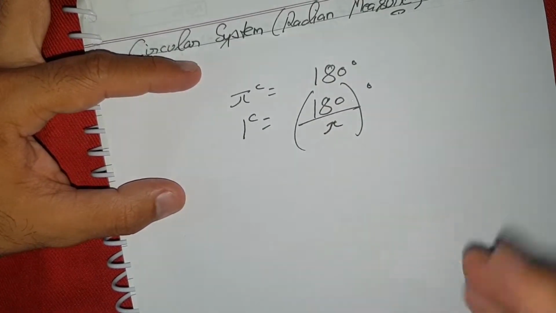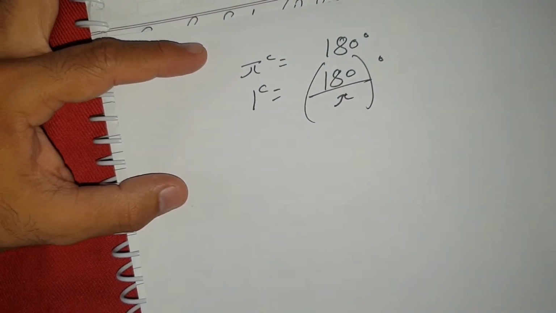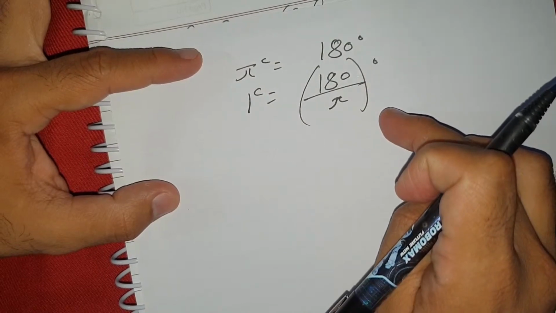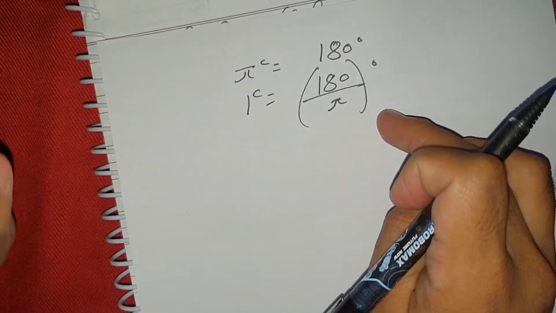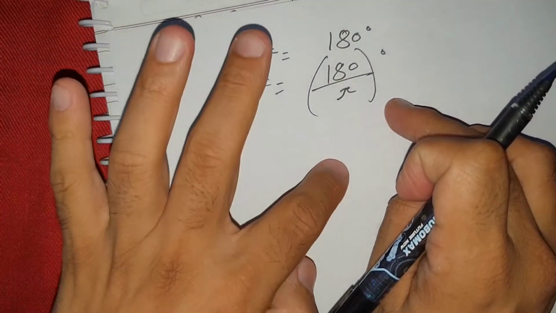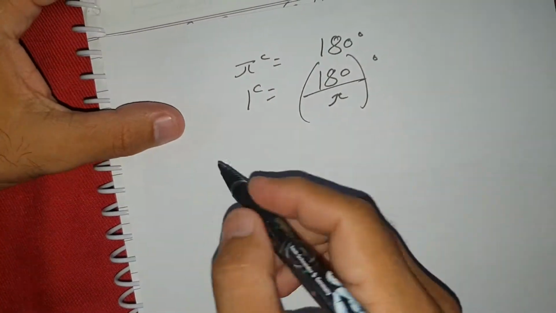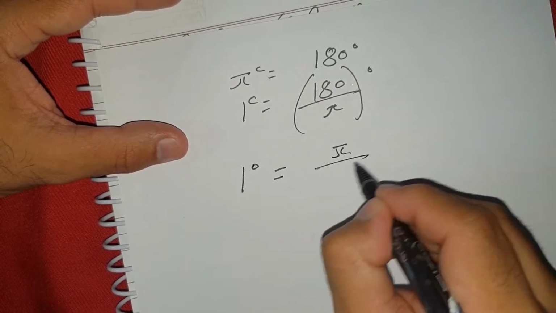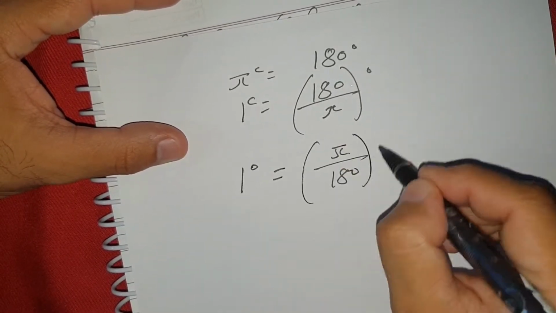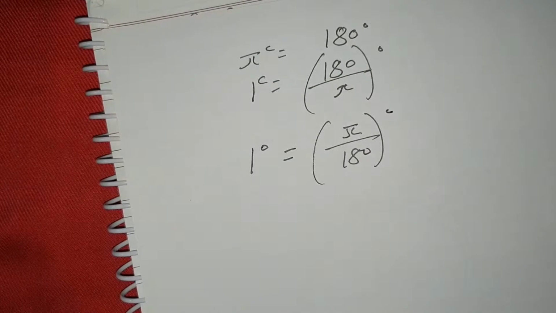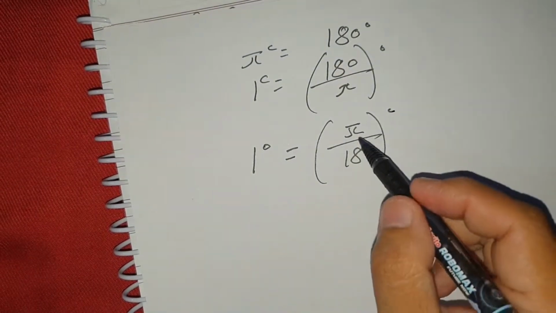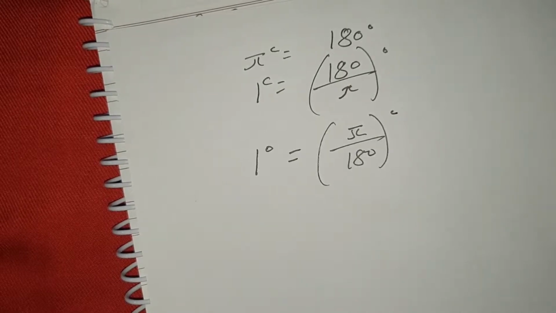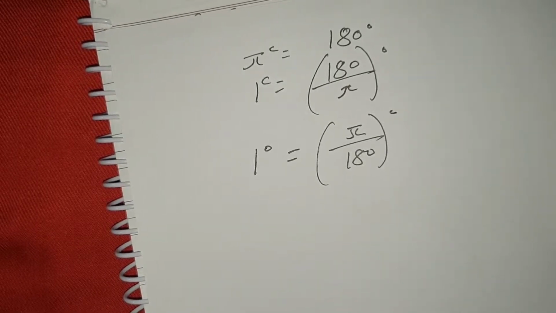So if you want to convert radian to degree, you have to multiply by 180 by pi. Similarly, 1 degree will be equal to pi by 180 radian. So if you want to convert degrees to radian, you have to multiply with pi by 180. Okay, so we can take some examples.